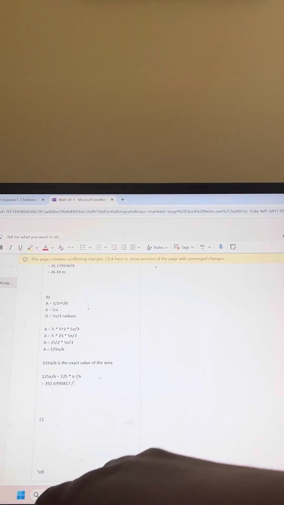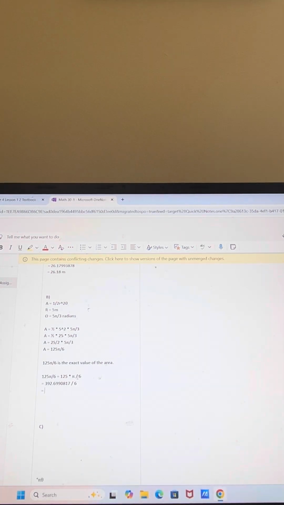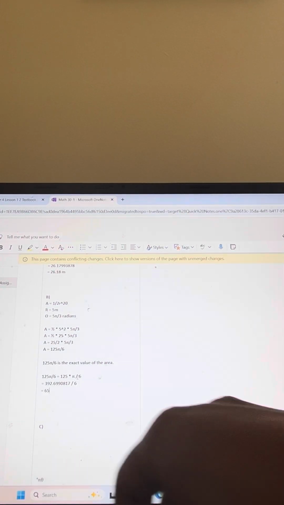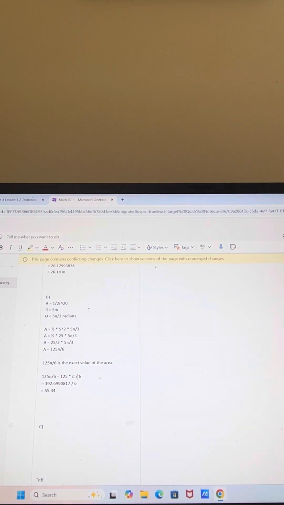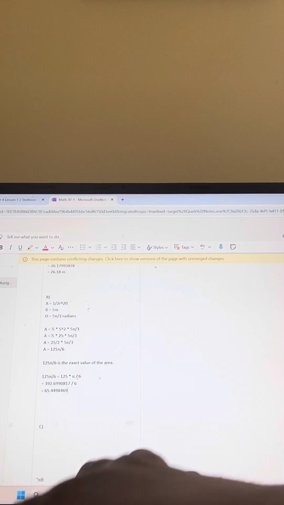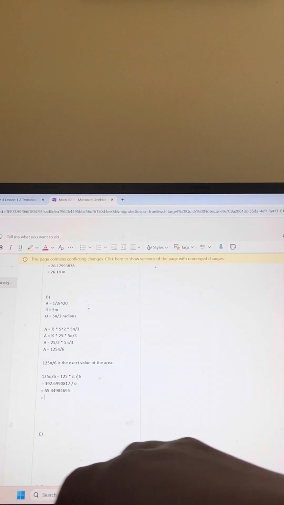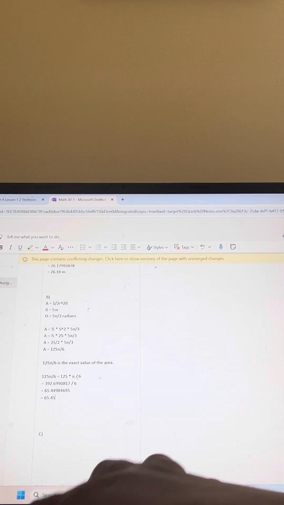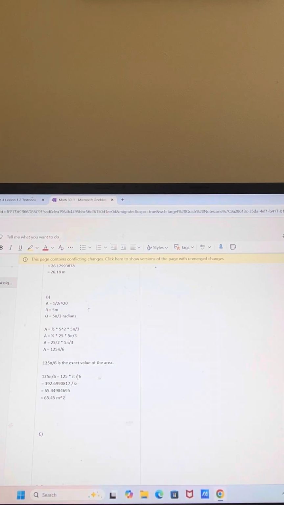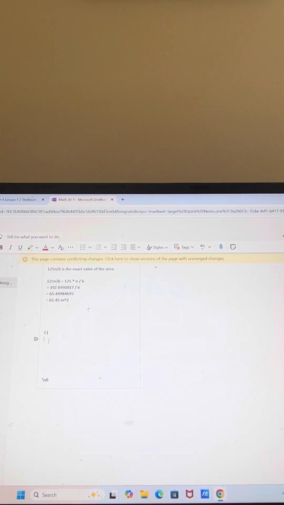And of course divide this by 6. Our final answer is going to look like 65.44984695. And in A, they asked us to round it to the nearest hundredth. So for B, we're just going to assume that's the same thing. So our final answer is going to be 65.45 meters squared.